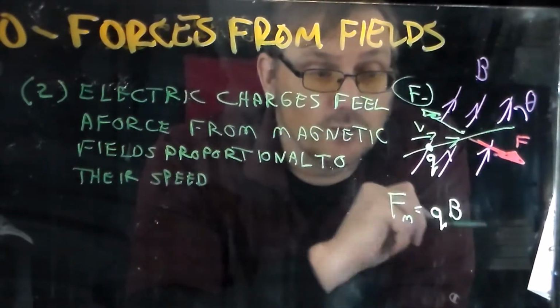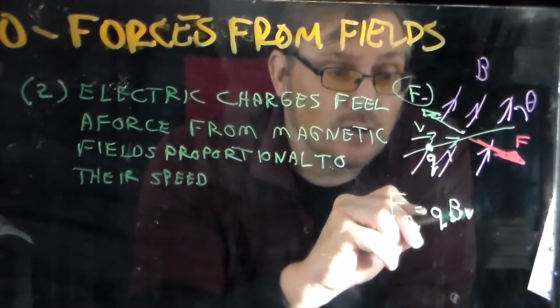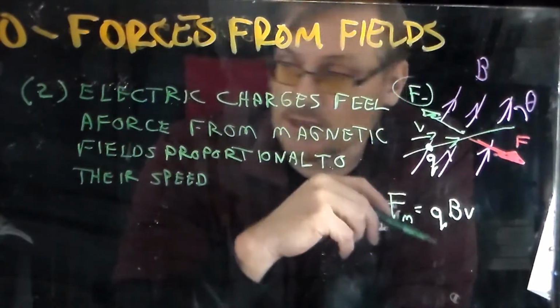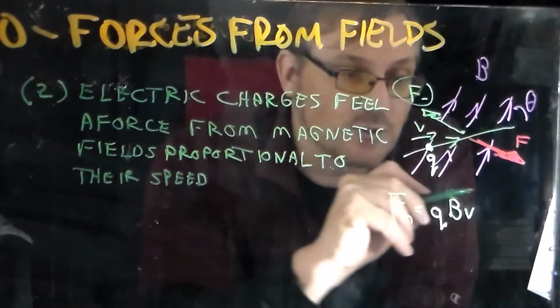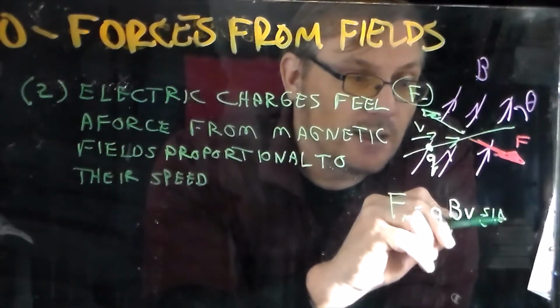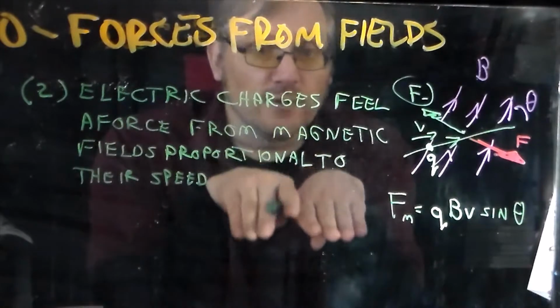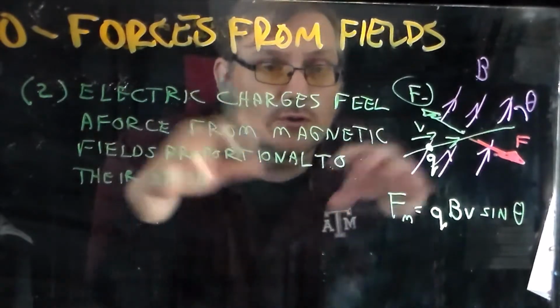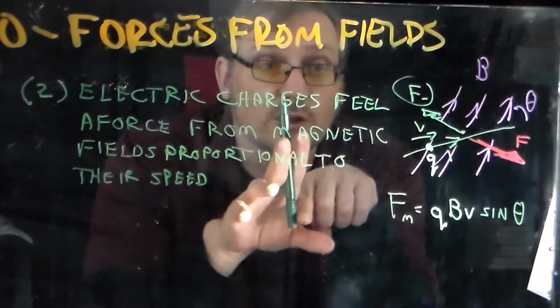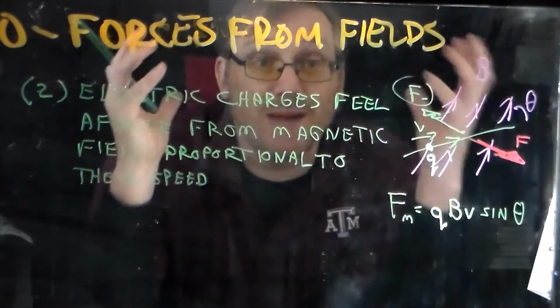It's also proportional to B, also proportional to the velocity, and times the sine of that theta. So if you're moving parallel to the magnetic field, you don't feel any force. If you're moving perpendicular to it, you feel the maximum magnetic force.